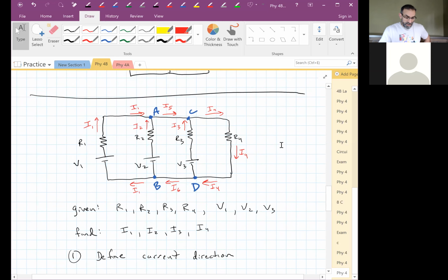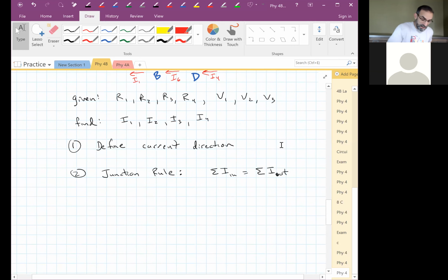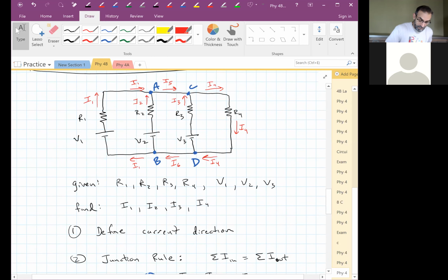So at junction A, what do we have coming into junction A? I1 and I2. What do we have coming out? I5. So junction A tells us I1 plus I2 is equal to I5. And junction B tells us I6 is coming in and I1 plus I2 are coming out.